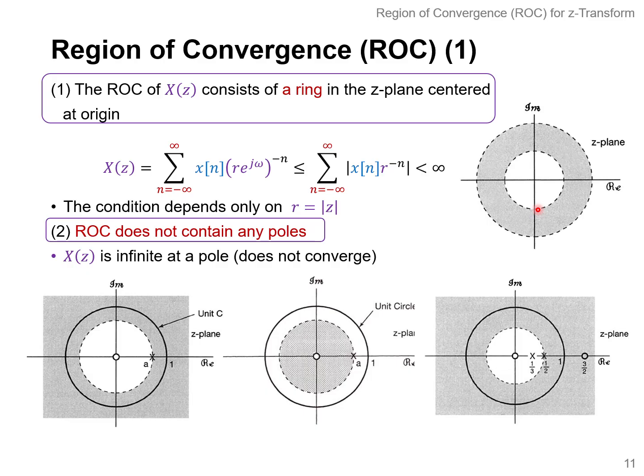So the ROC forms a ring in the z-plane. It depends on the radius r, and it cannot include poles.